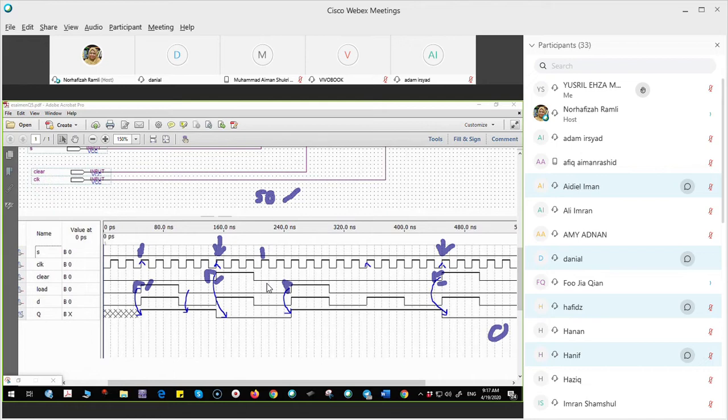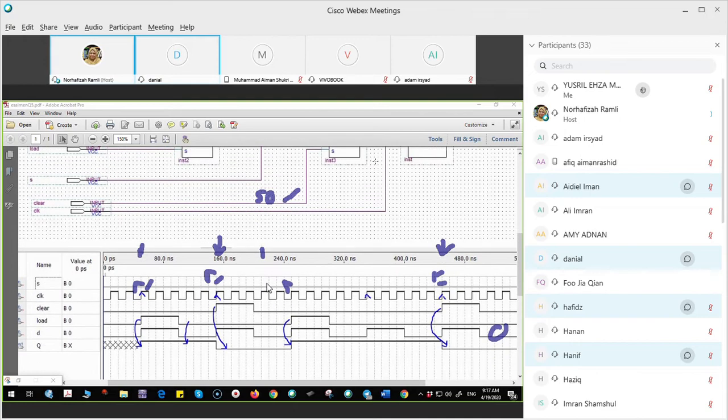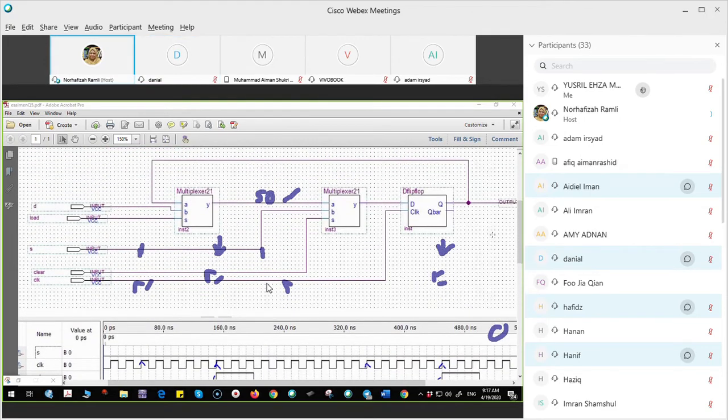Alright, so that is question 5, correct? The answer for question 5 is actually this one. This circuit is good.